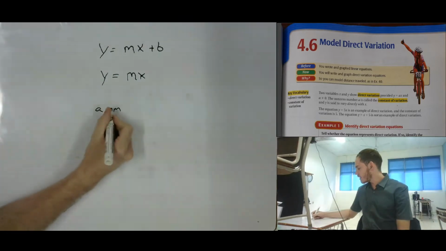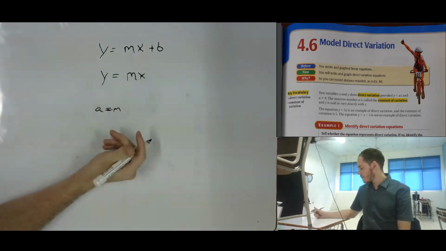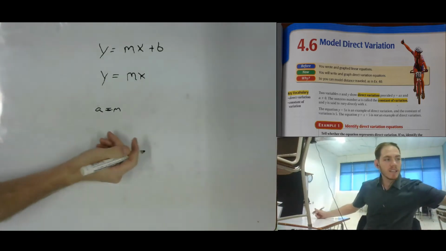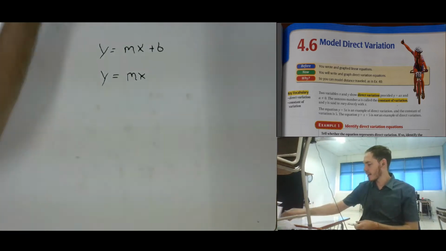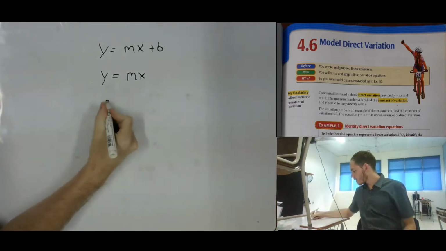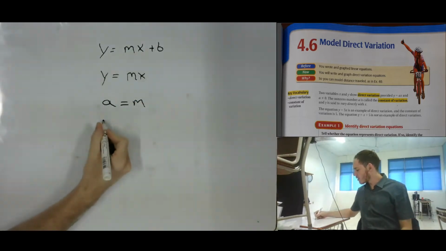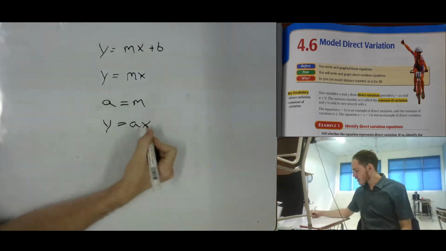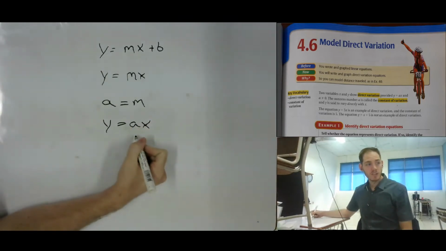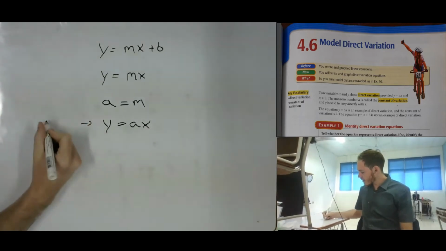So if A equals M, then what's our new equation? Well, then we would have y equals ax, right? Because we could just replace what's equal, okay? This is direct variation.